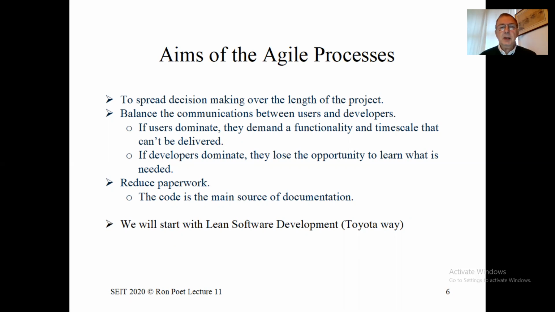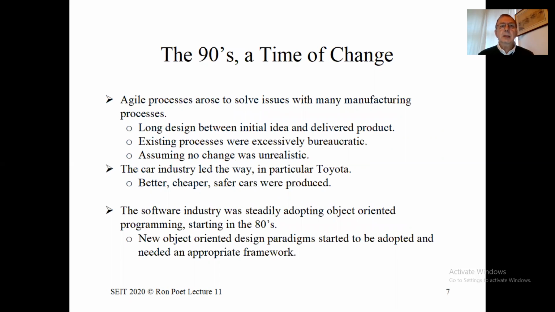Okay, so it started with cars, and so we'll look at lean software development, which started as the Toyota way. This all happened in the 90s, a time of change in many areas. Agile processes arose not just in software, but in many manufacturing processes. Producing cars, for example, there's a long design between the initial idea and the delivered product, and that needed to be shortened.